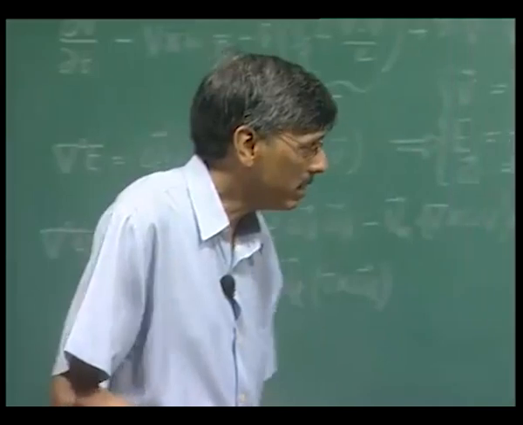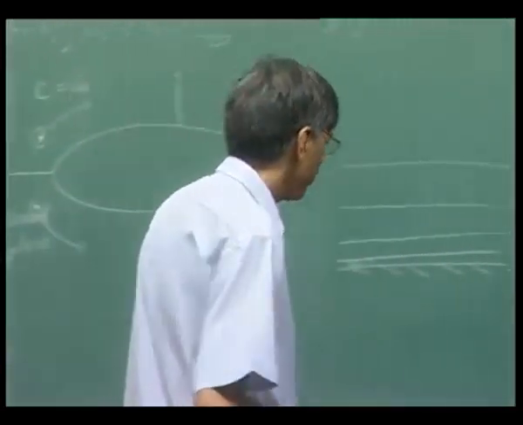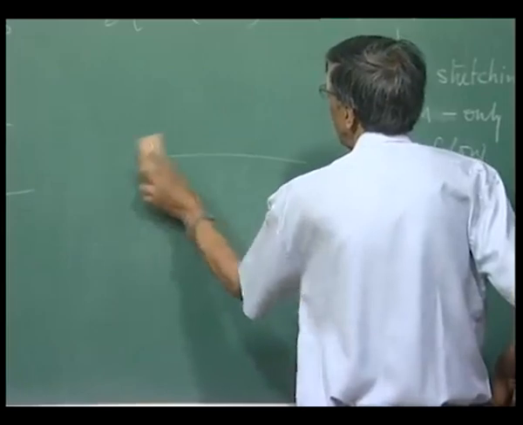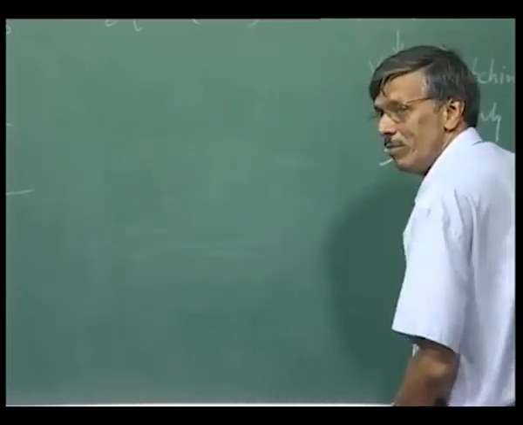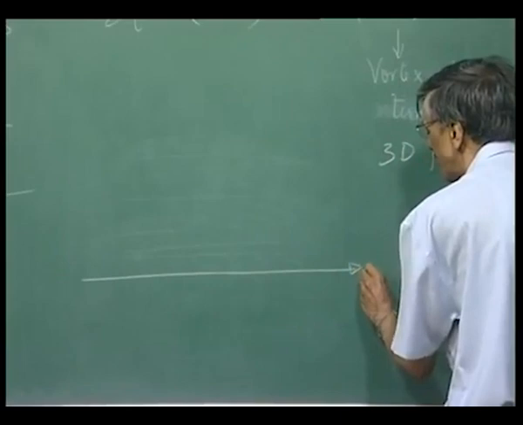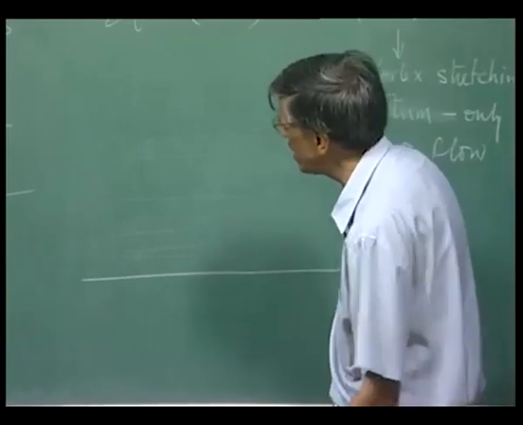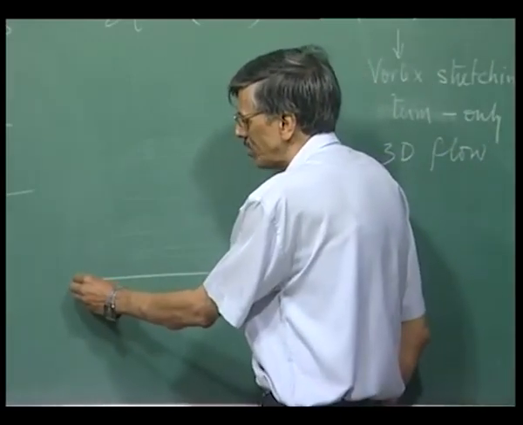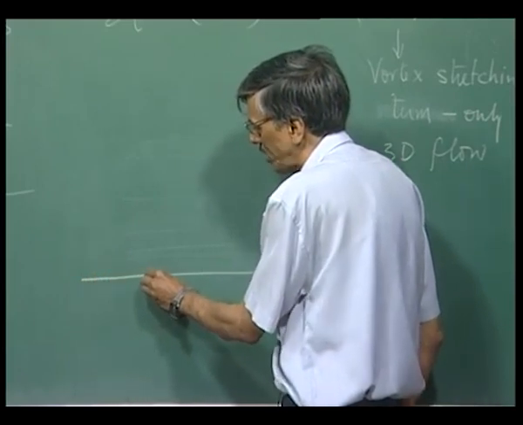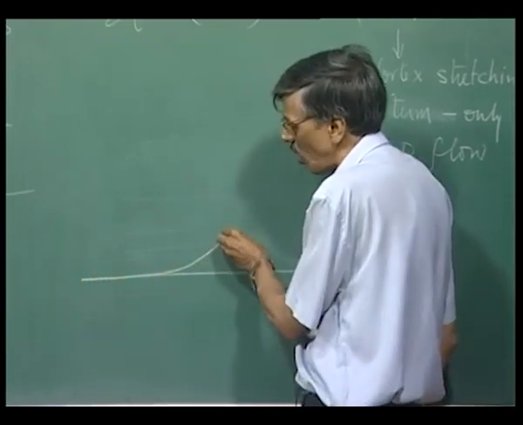Now, you understand that there is a distinction between algebraic and exponential growth, because if I plot time along this axis, then what happens? Say initially my background disturbances are rather small and this is growing exponentially, we will not see it like this. It will slowly pick up.